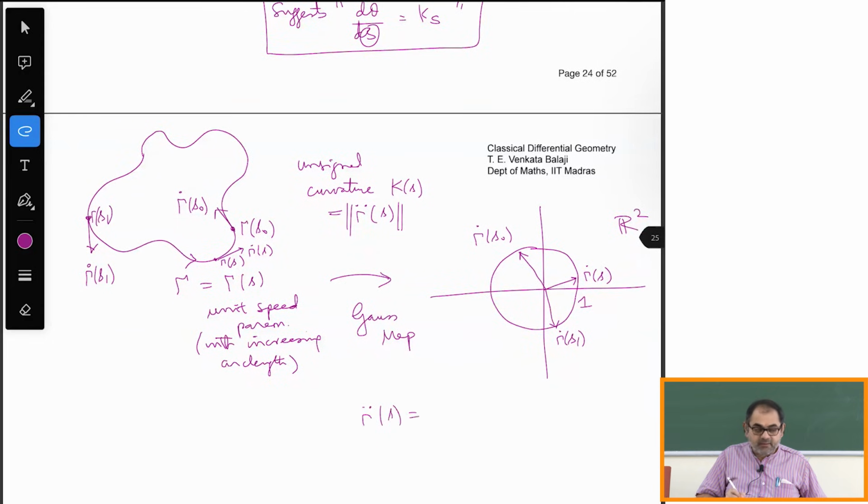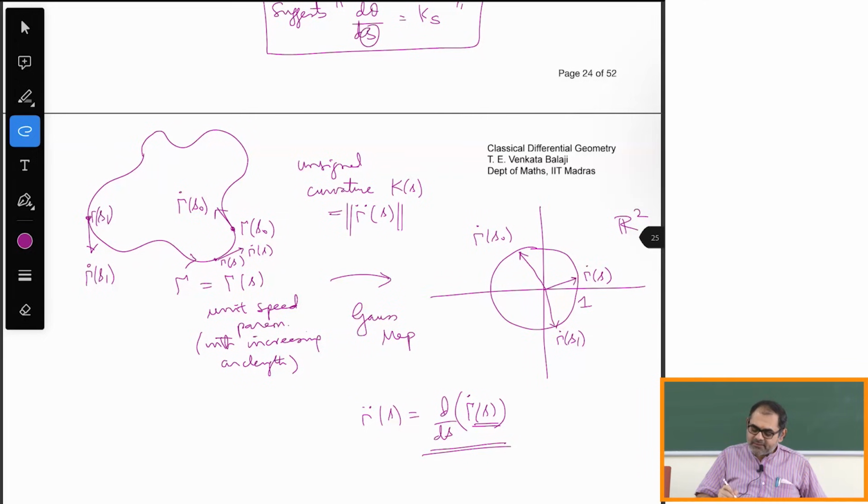Now, what is gamma double dot s? It is nothing but d by ds of gamma dot of s. Gamma dot s is a unit tangent vector because it is unit speed, and you are only looking at the rate of change of that with respect to s. So it is actually the rate of change of the tangent vector. For the tangent vector, what is it that changes?